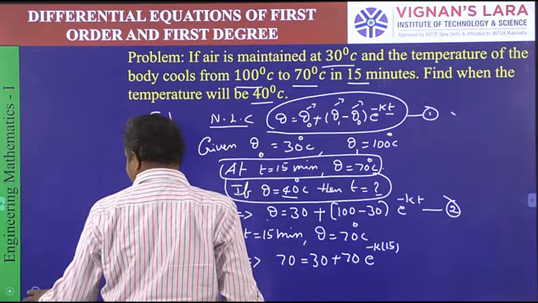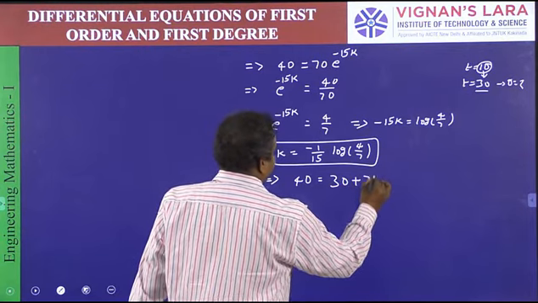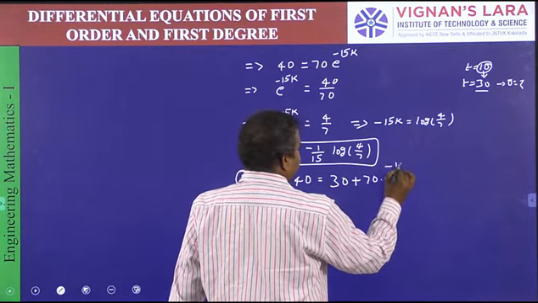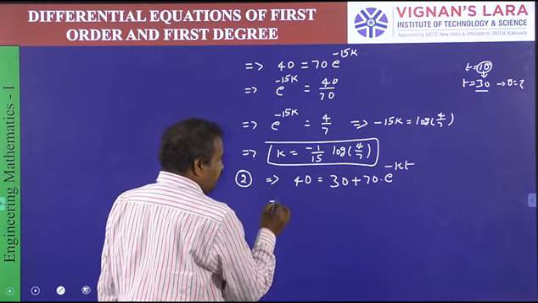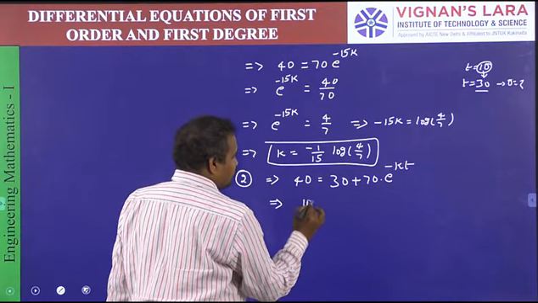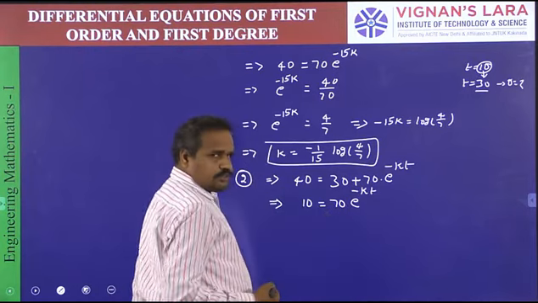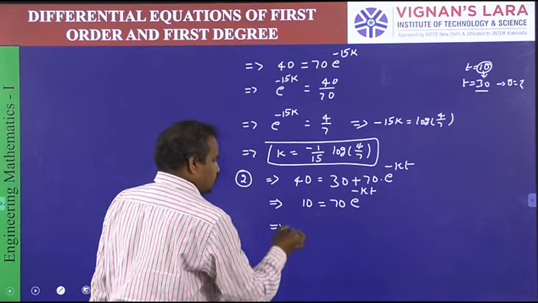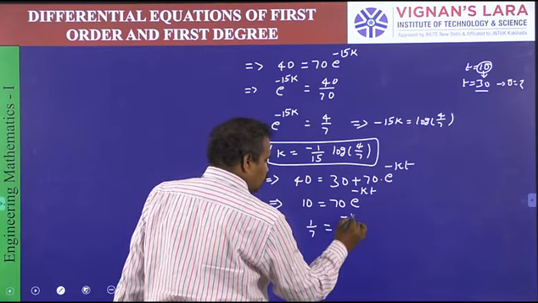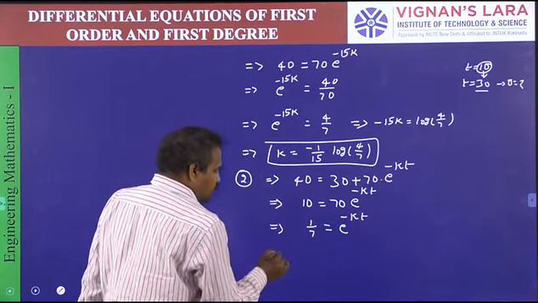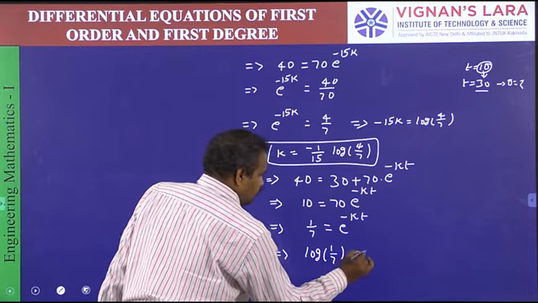So 30 plus 70 into e power minus kt. So here we have to calculate the value of t. That implies this 30 comes to this side, 40 minus 30, 10 is equal to 70 into e power minus kt. Our aim is to calculate the value of t. This 70 comes to this side, divide. 10 by 70, 1 by 7 is equal to e power minus kt. Exponential comes to this side, log of 1 by 7 is equal to minus kt.